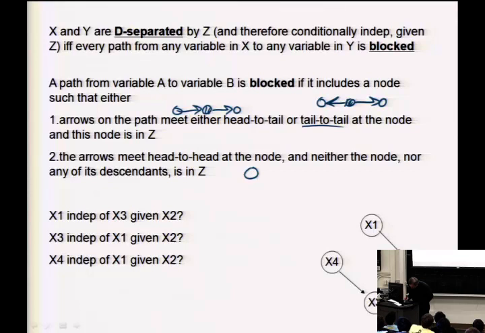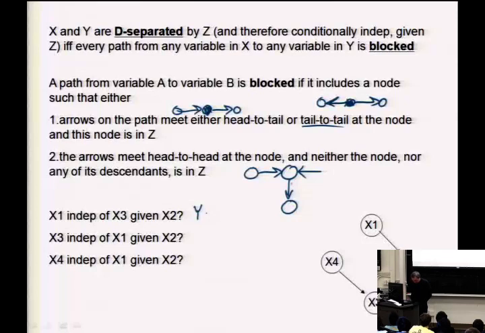And this one will do it if we're not conditioning on the middle one or any of its descendants. So I'll use filled in nodes to mean we're conditioning and white nodes to mean we're not conditioning. Okay, so this one's a yes.